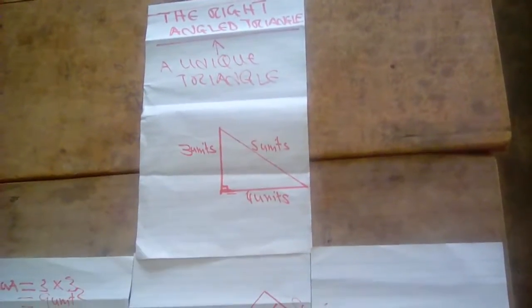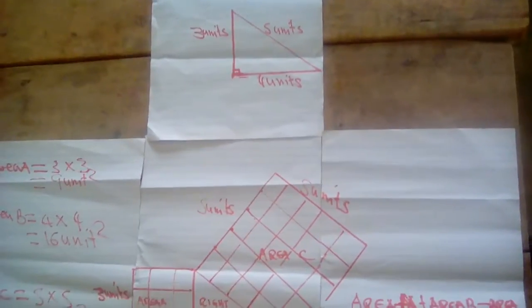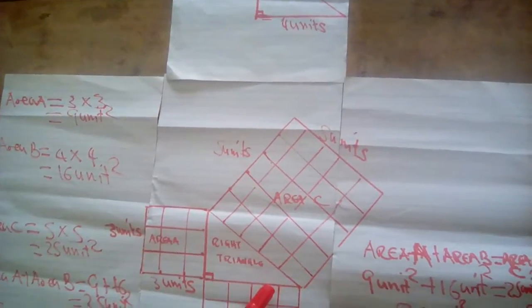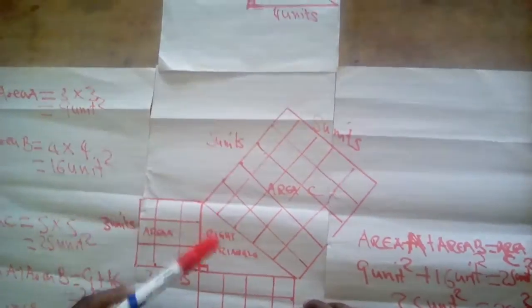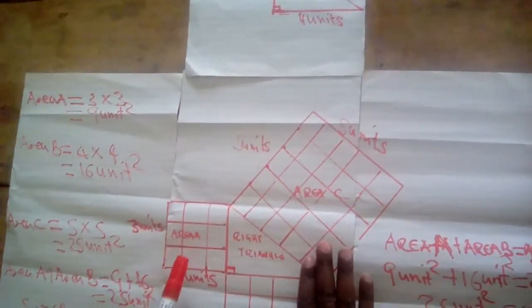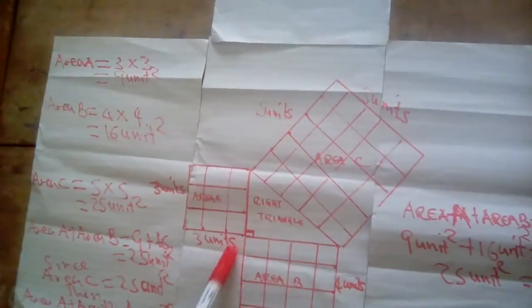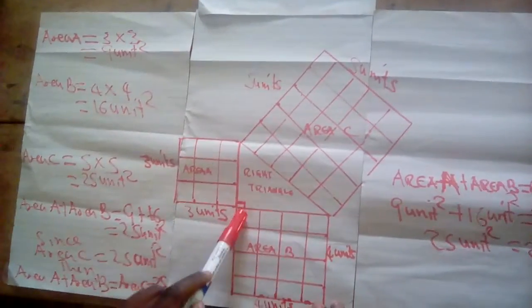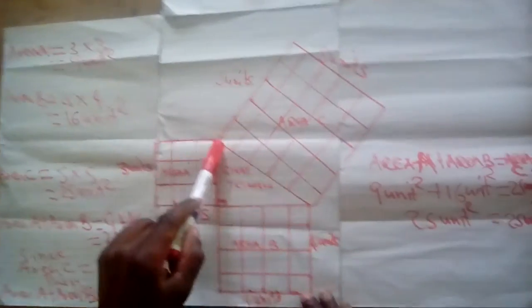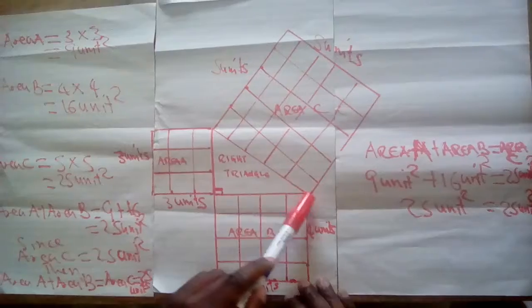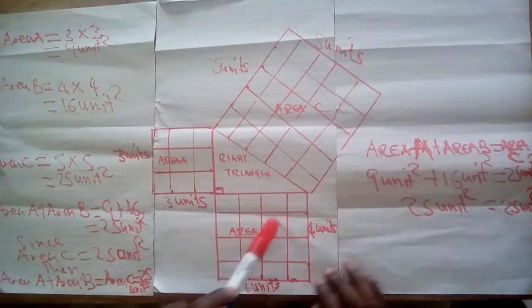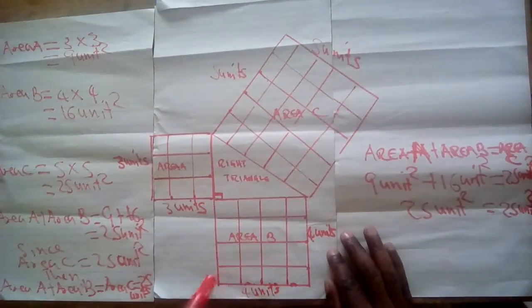Now, if you construct squares on the sides of this triangle, you will have a figure like this. You have the first square here, the second square here, and the third square here. Remember, a square is a quadrilateral with the lengths of all sides equal.